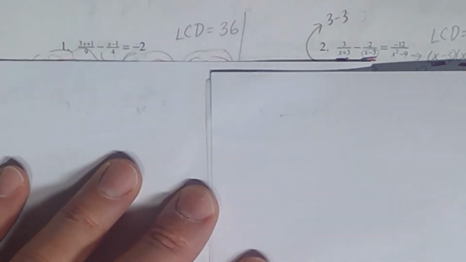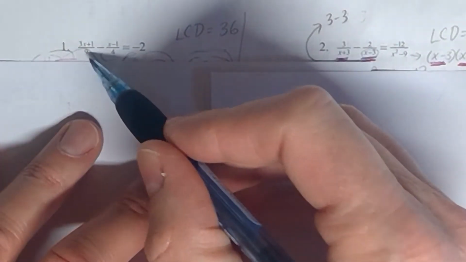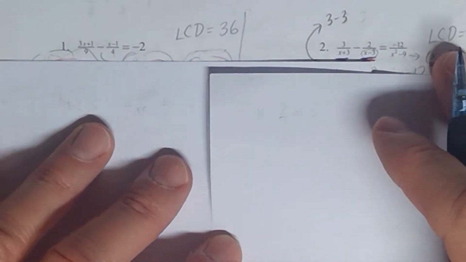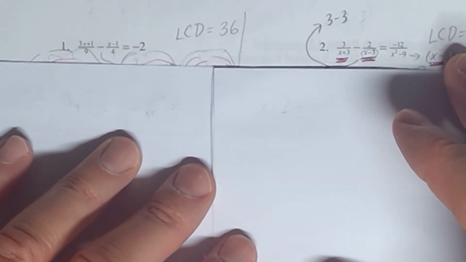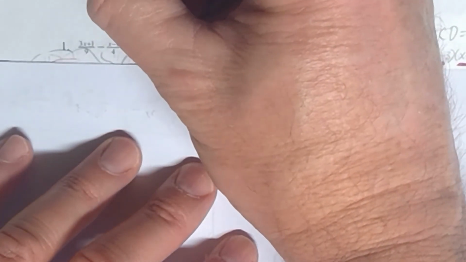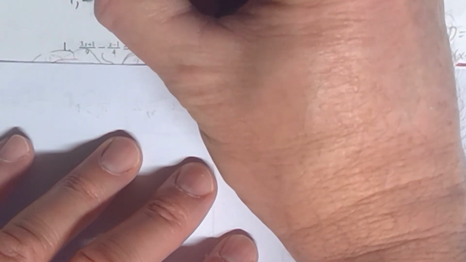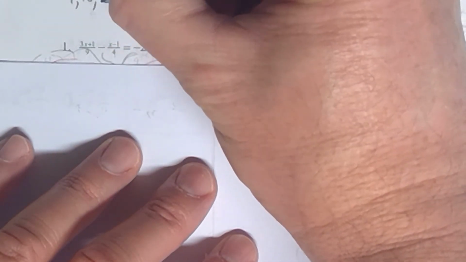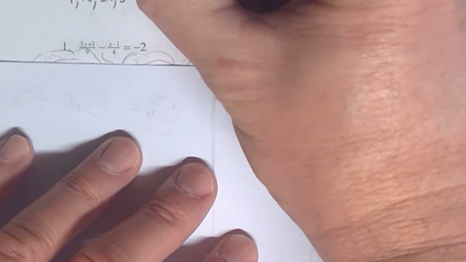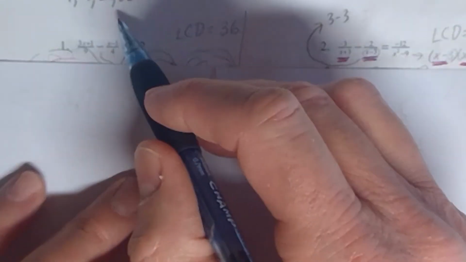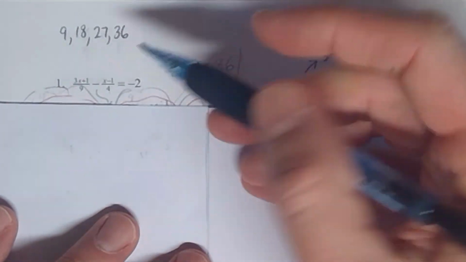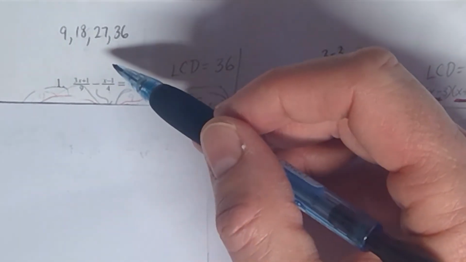All right, let's take a look at number 1 here. Our denominators are just 9 and 4, just a couple of constant single term numbers there. The LCD, therefore, is you just take a 9 and you keep on listing out the multiples of 9 until you get one that works for 4 also.